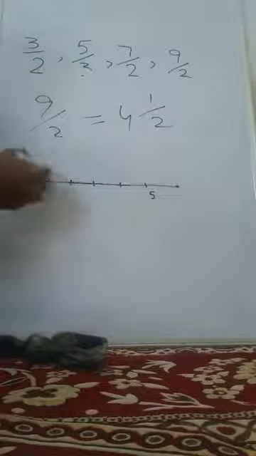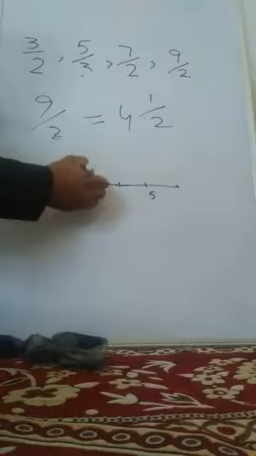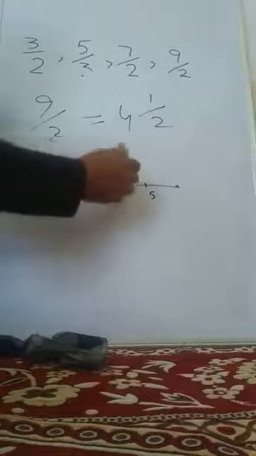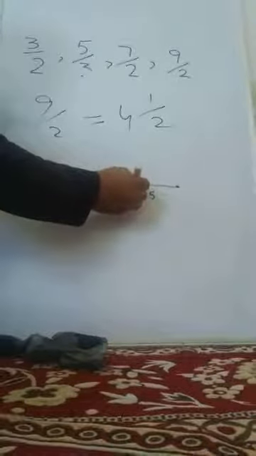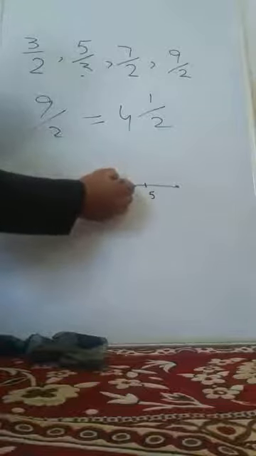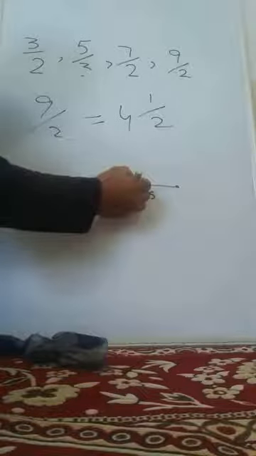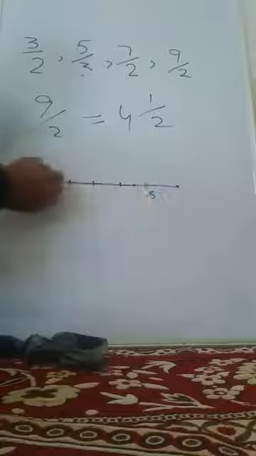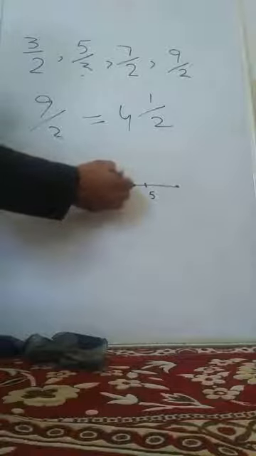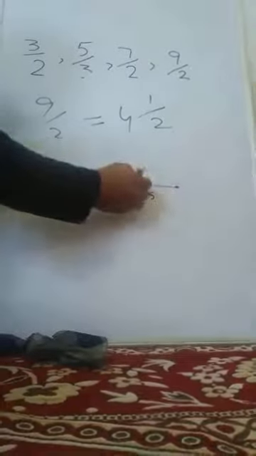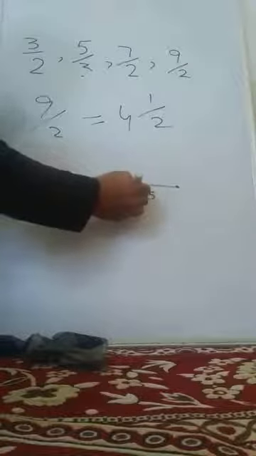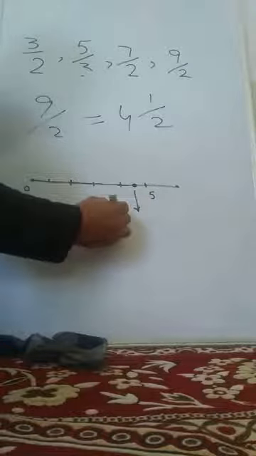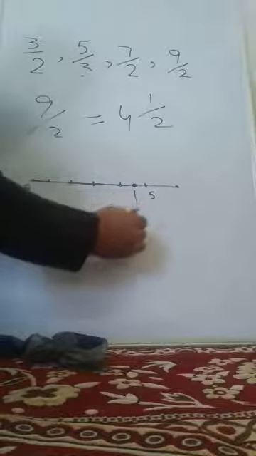If we begin from 4, then this point is 1 by 2. If we begin from 0, then this point is 1, 2, 3, 4, and 1 by 2. So this is 4 and 1 by 2.